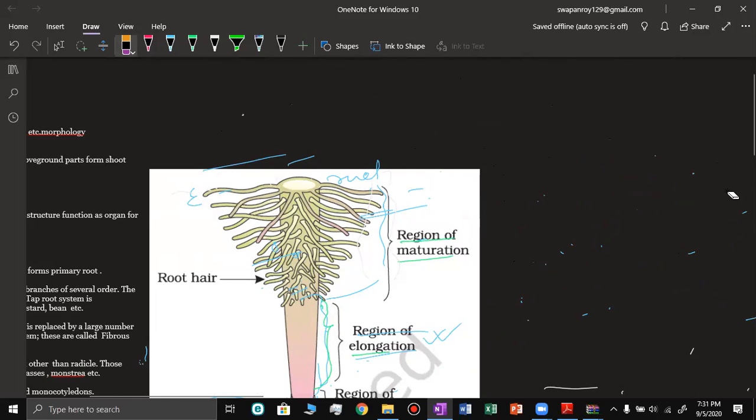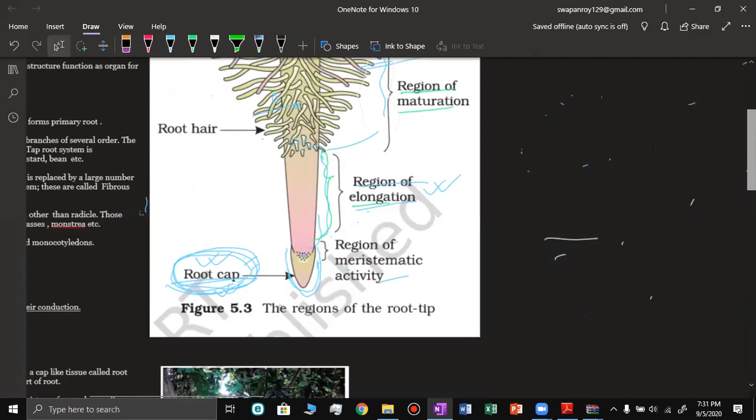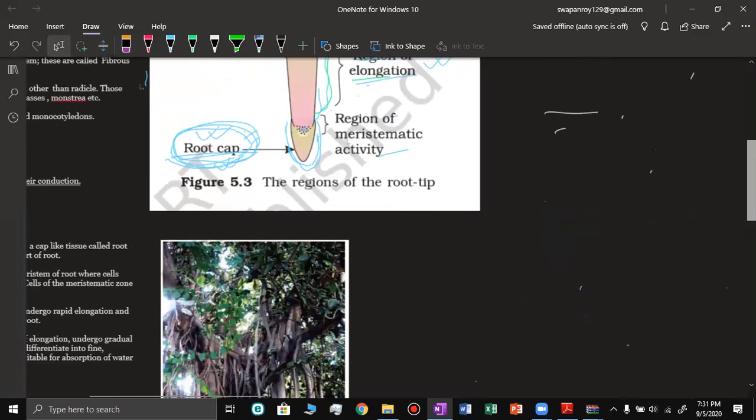So when the root is changing its function, or the special function it has to carry out, it changes its shape.